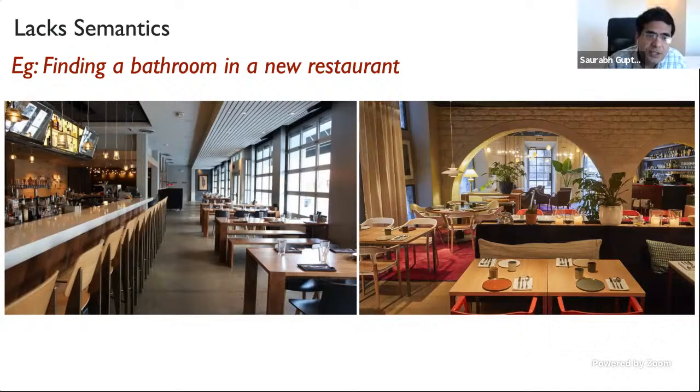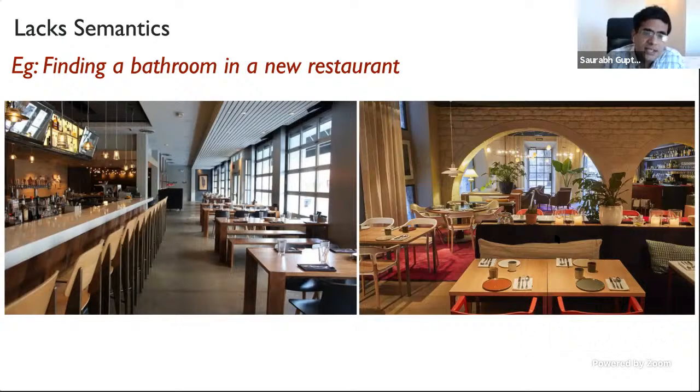As humans, I can certainly say that I've not been into either of these restaurants before, but if I were to make a guess, I would say that going straight ahead in the image on the left and then turning left might lead you to a bathroom, whereas going straight ahead in this image on the right might not very likely lead you to a bathroom.